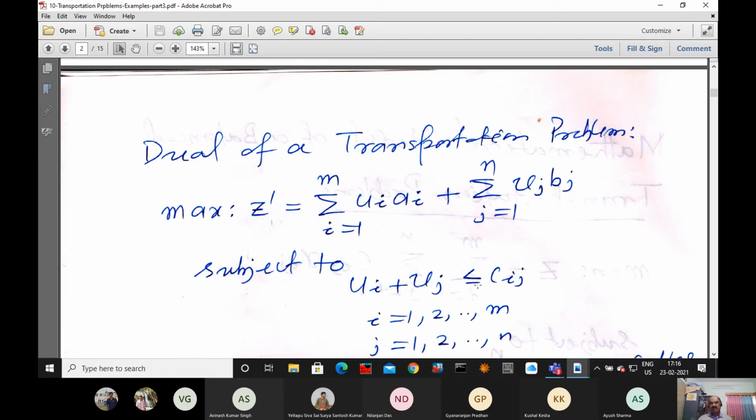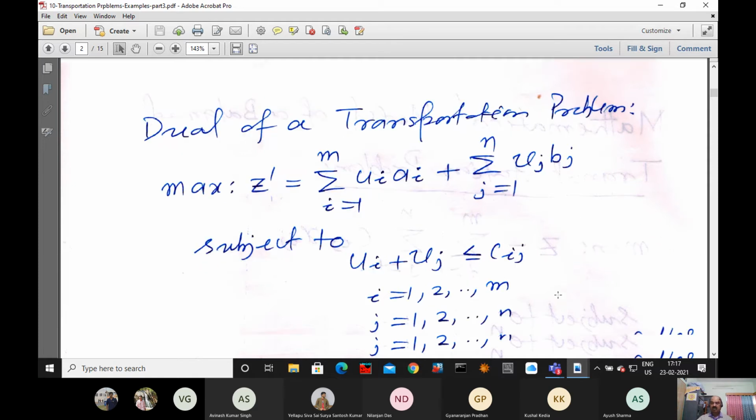If you find somewhere ui plus vj greater than cij, this condition is not satisfied. If it is greater, it is not satisfied, and you conclude that. In the earlier example, it was not less, it was more. That is the reason we say the constraint is not feasible.